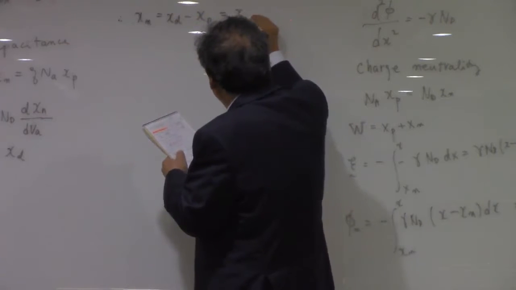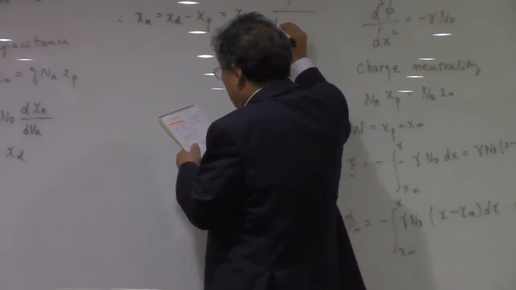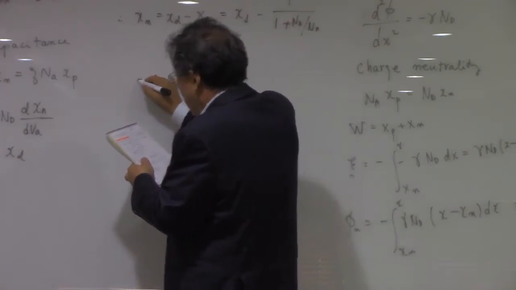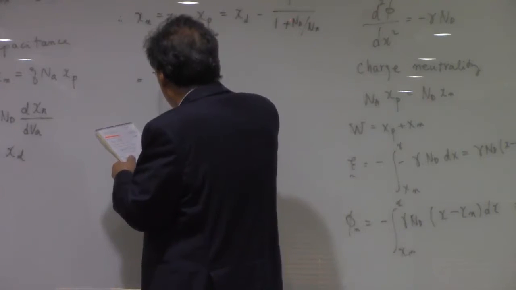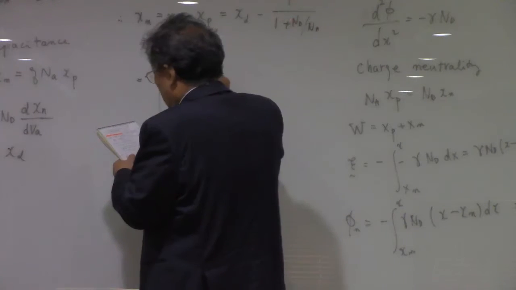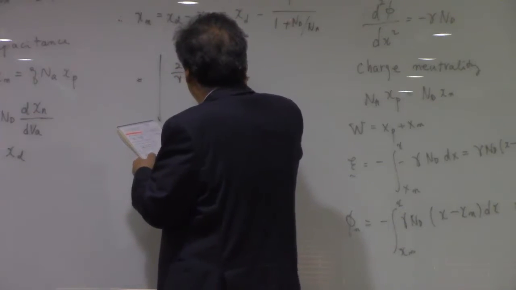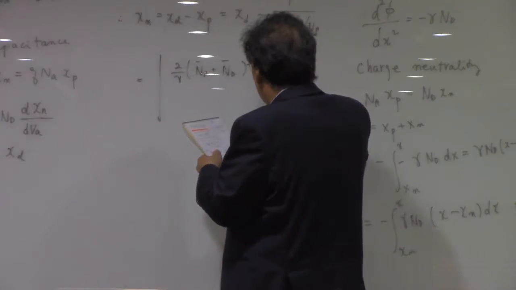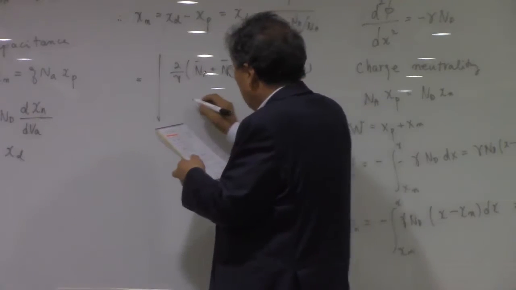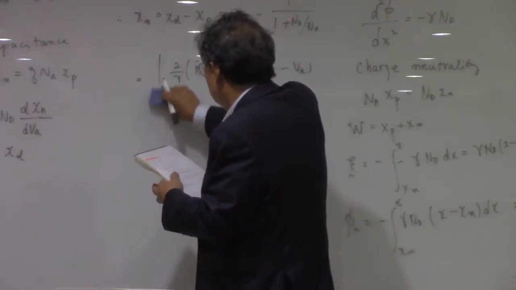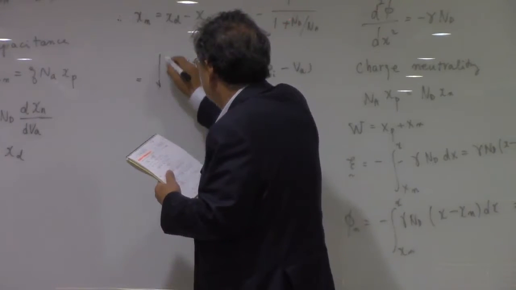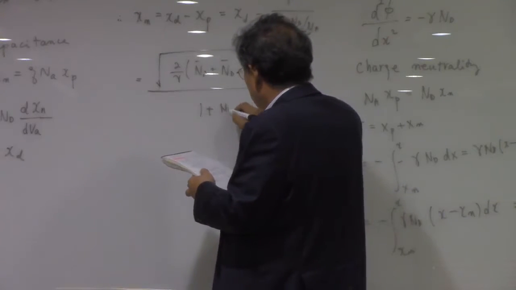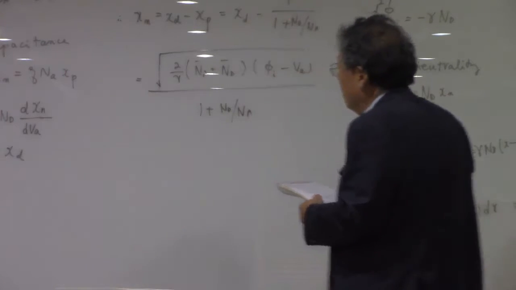Now it is XD over 1 plus Nd over Na, and then the square root of 2 over gamma, and phi I minus VA, over 1 plus Nd over Na. Okay.